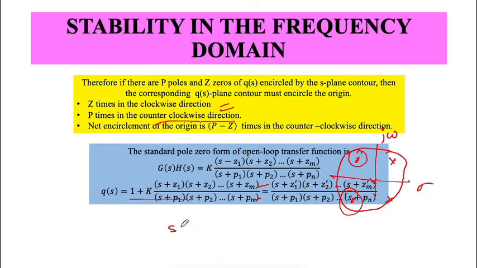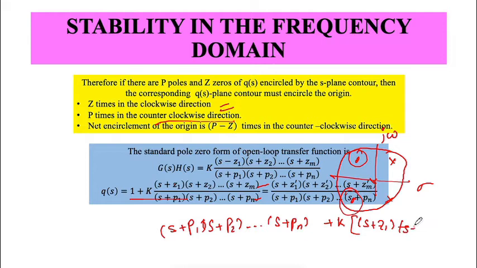It will be (s plus p1)(s plus p2) up to (s plus pn), plus k times (s plus z1)(s plus z2) and so on, over the denominator.